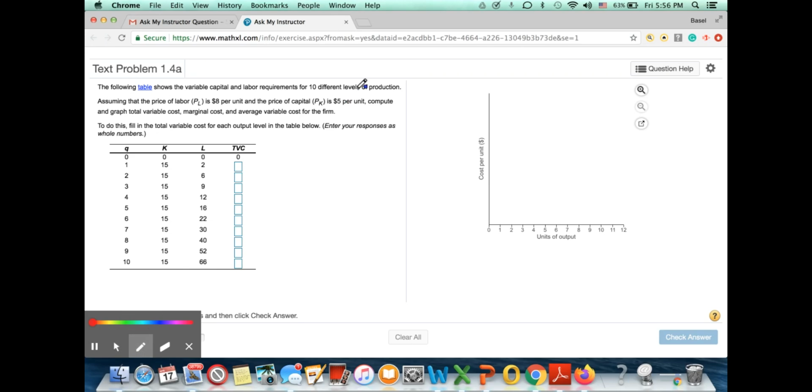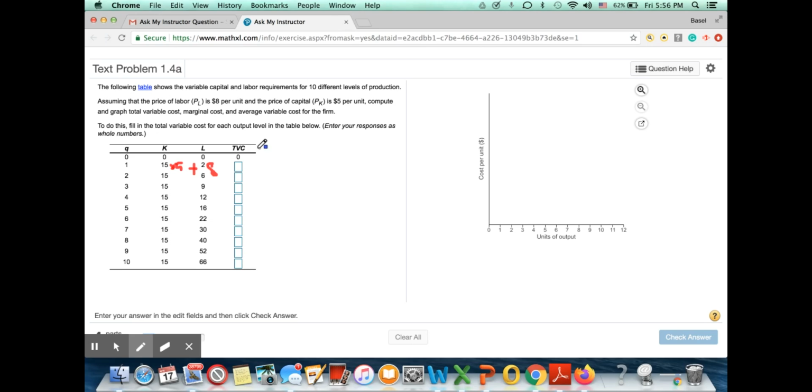The price of capital is 5, so 15 multiplied by 5, plus 2 multiplied by 8, that's the price of labor. So 15 multiplied by 5 is 75 plus 16, which should be 91.